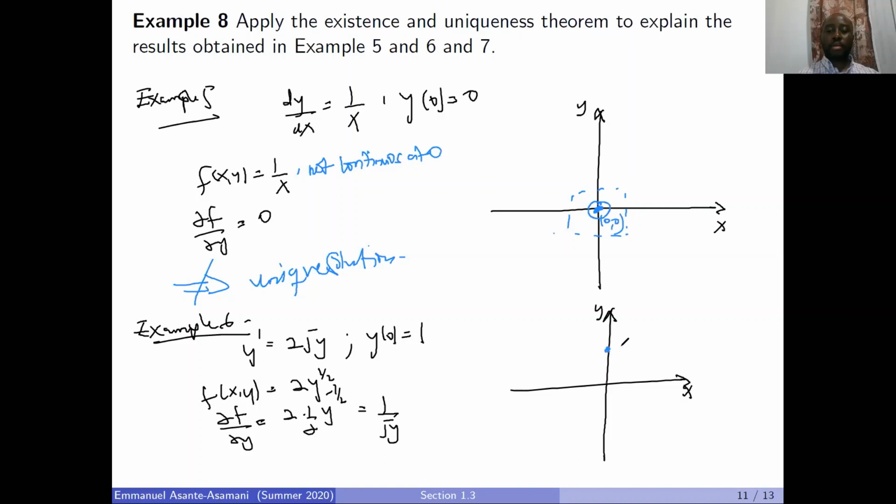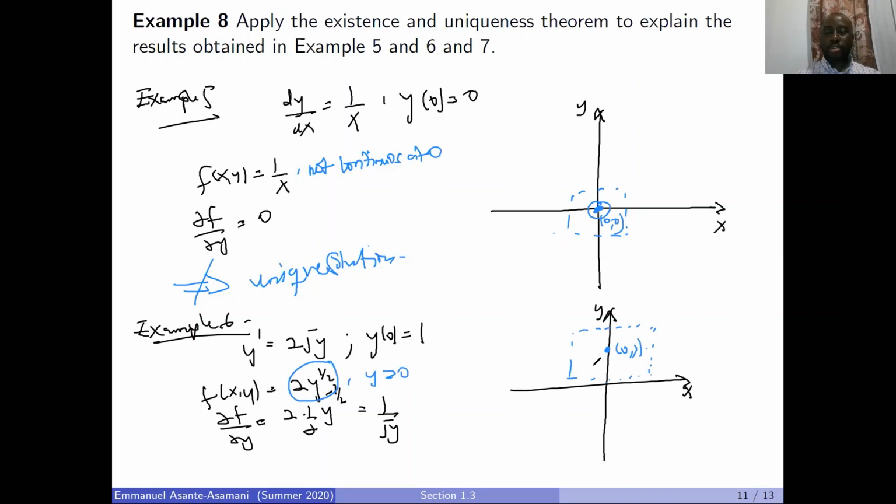So right here, right? And I'm looking to argue that my function and its partial derivative are continuous within some rectangle containing 0, 1. Okay. So my function is twice the square root of y. And we know that the square root of y function is continuous wherever y is positive.